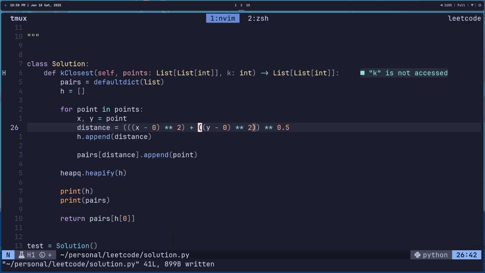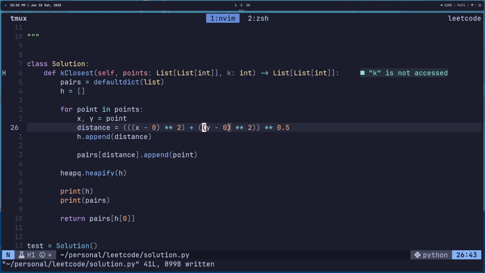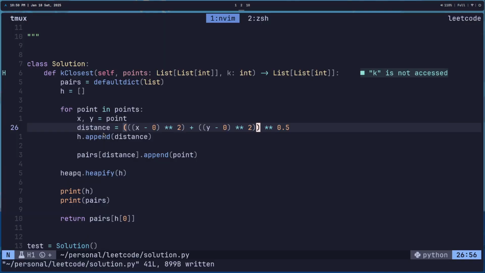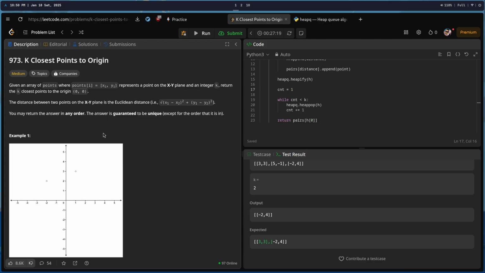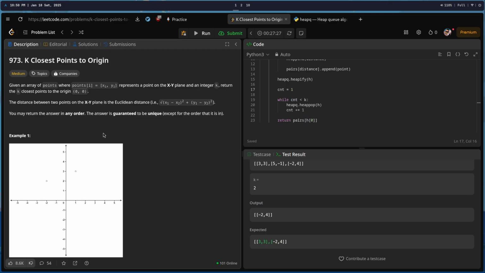Plus this, square that, and then squared it. Oh no, I'm right. I squared by 1/2, which is the square root. So they're not the same.